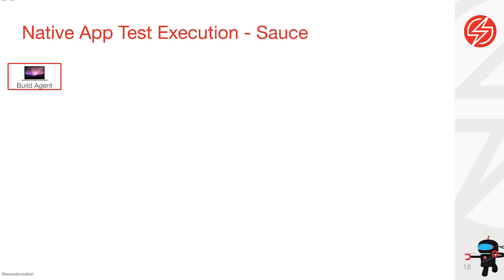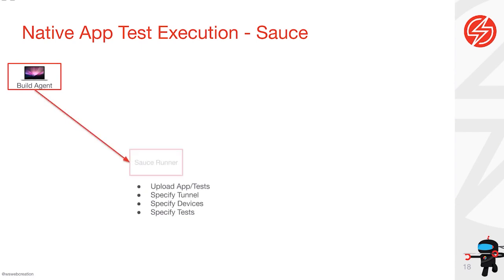When you run it on Sauce Labs, it comes from your build agent, Austin, Texas, and then you upload your app and you upload the compiled tests. You use a configuration file or a set of command line options to specify the Sauce Labs tunnel, the devices that you would like to use, and the tests that you would like to run that are part of that test bundle.